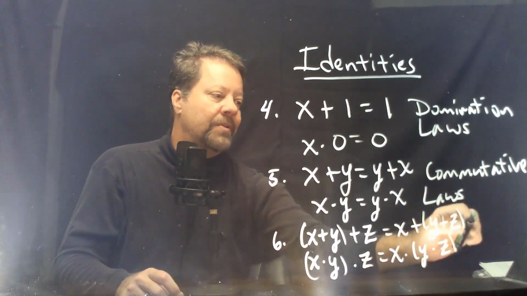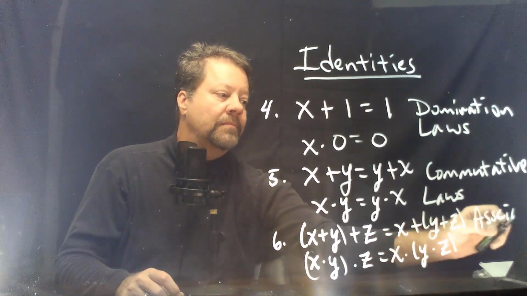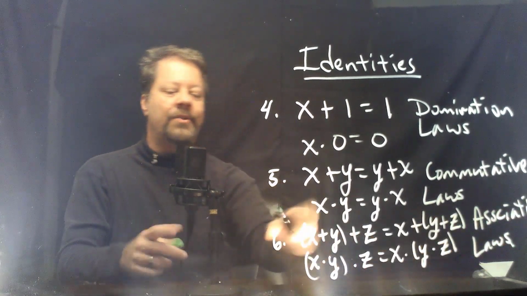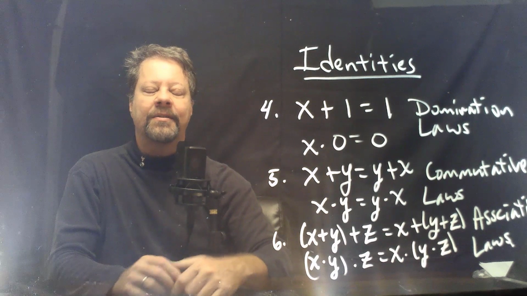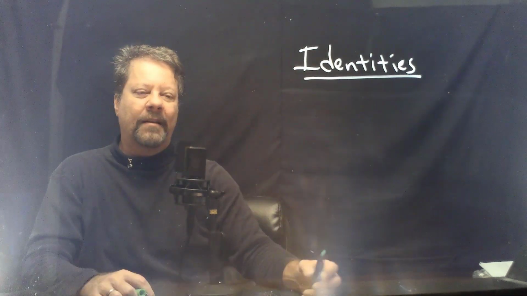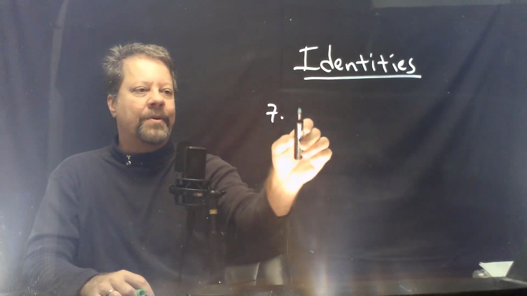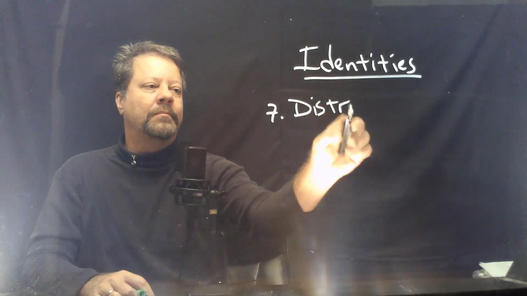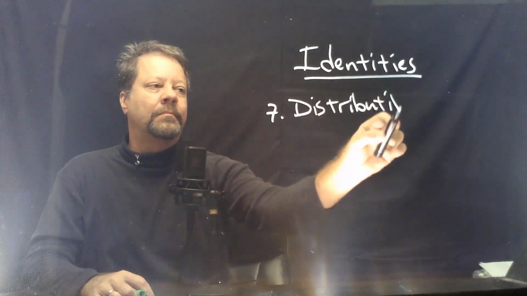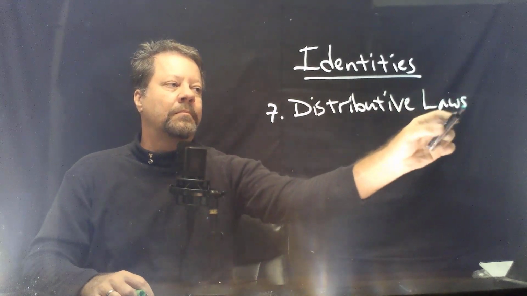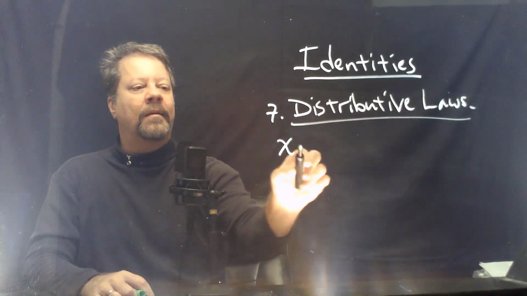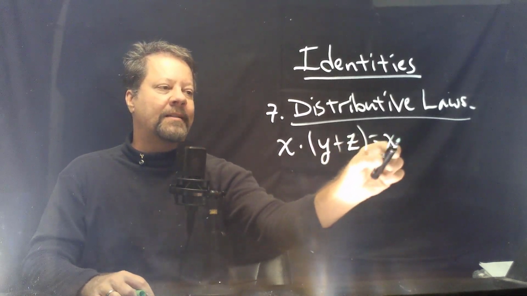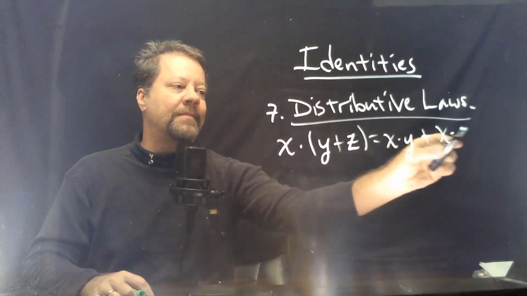So these are your associative laws, where you're associating different terms or factors in these expressions. Then there are, of course, distributive laws. X times y plus z will be x times y plus x times z.